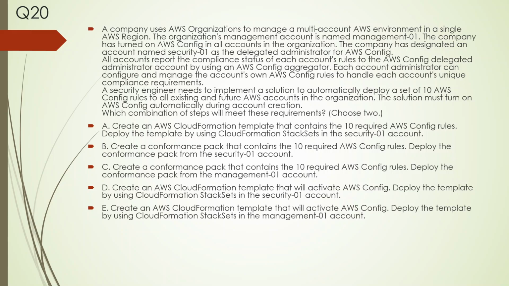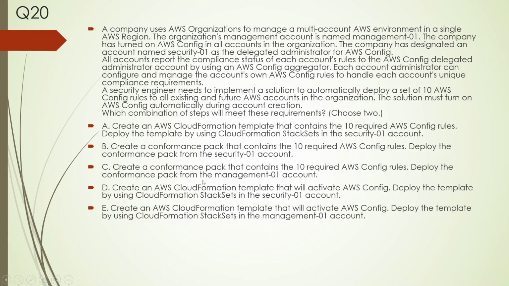Now we need a conformance pack. A. Create an AWS CloudFormation template that contains 10 required AWS Config rules. Deploy the template using a CloudFormation stack set in the Security 01 account. B. Create a conformance pack that contains 10 required AWS Config rules. Deploy the conformance pack from the Security 01 account. C. Create a conformance pack that contains 10 AWS Config rules.